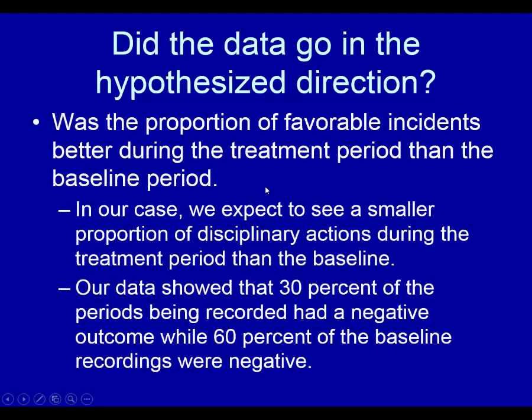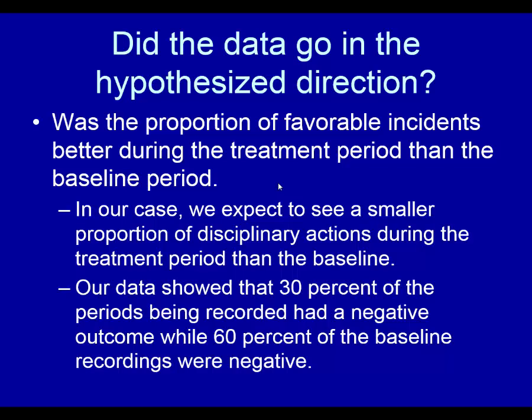Let's go back again over the question of did the data go in the hypothesized direction? We saw it briefly a moment ago. Was the proportion of favorable incidents better during the treatment period than the baseline period? That's our basic data analysis question. In our case, we expect to see a smaller proportion of disciplinary actions during the treatment period than the baseline.